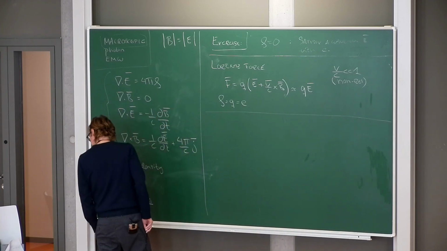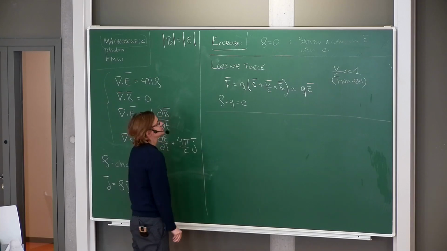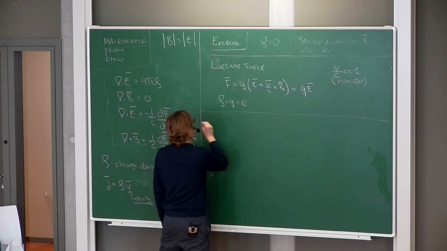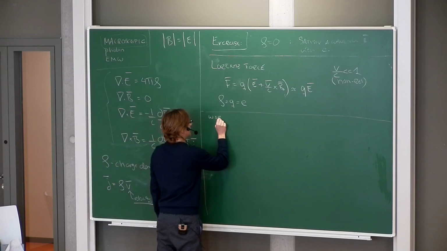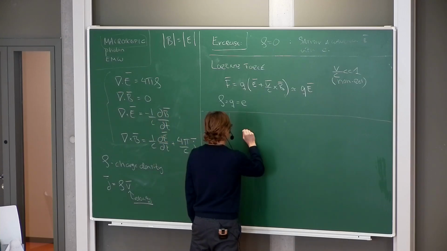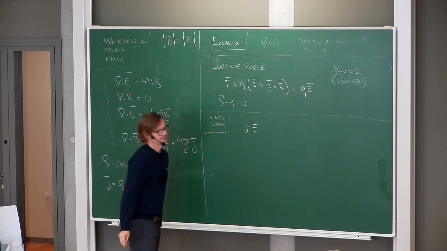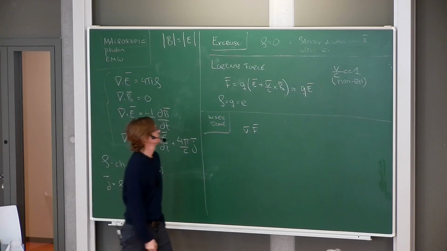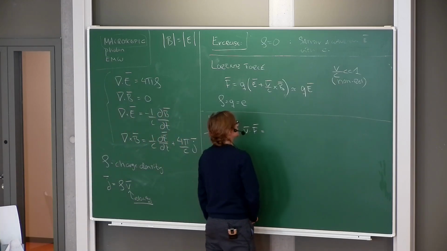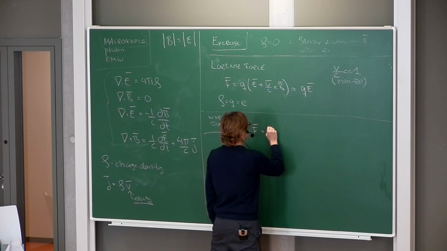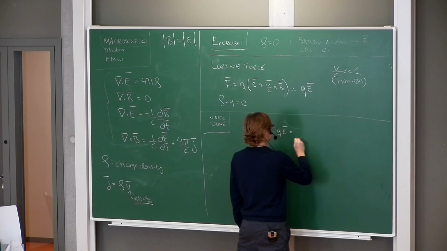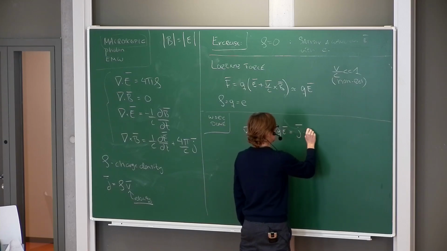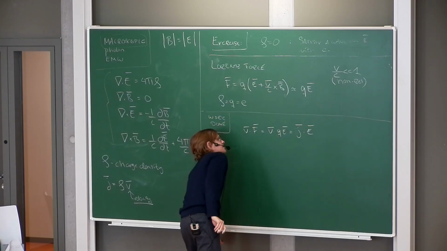So we're going to consider the work done when we have a charge. The work in this case is just v dot product with the force, which in this case is just v dot qE, or J dot E, where J is our current density.